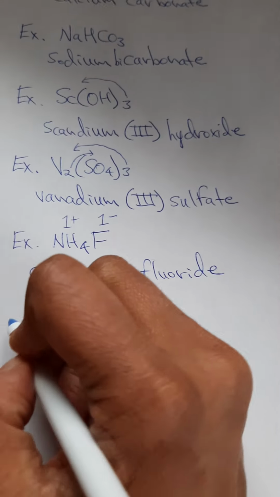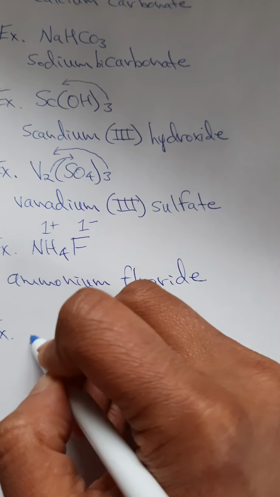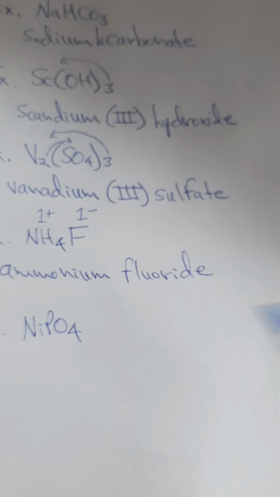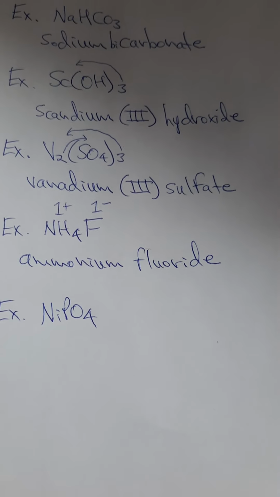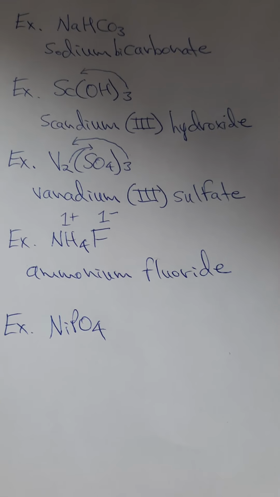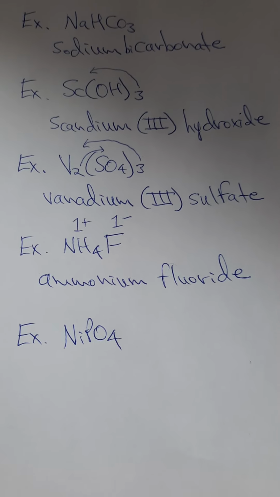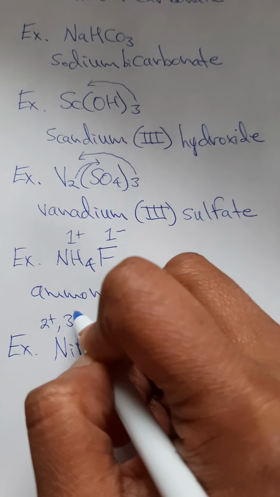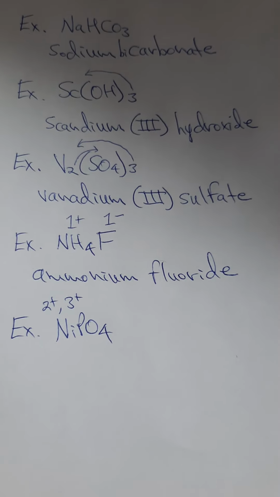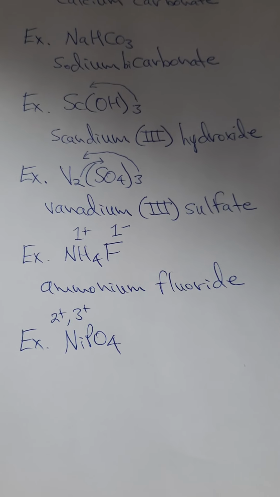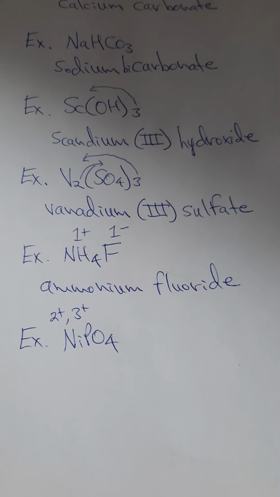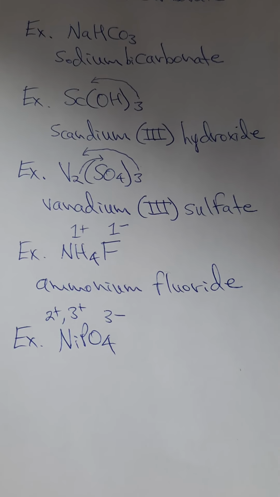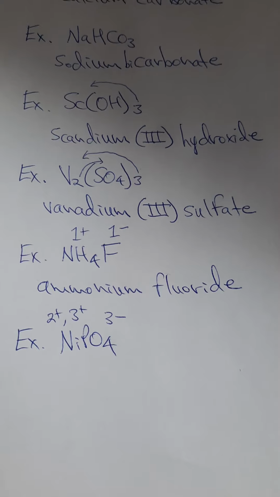Okay, let's go down. Let's try another one with a transition metal. So it's going to be NiPO4. Same thing with nickel here. Nickel does have a couple of charges. Maybe we'll write it on top. It can be 2+, it can be 3+, and you can again just check the periodic table for what the charge is. PO4 I know is 3-. Again here I notice there are no subscripts.